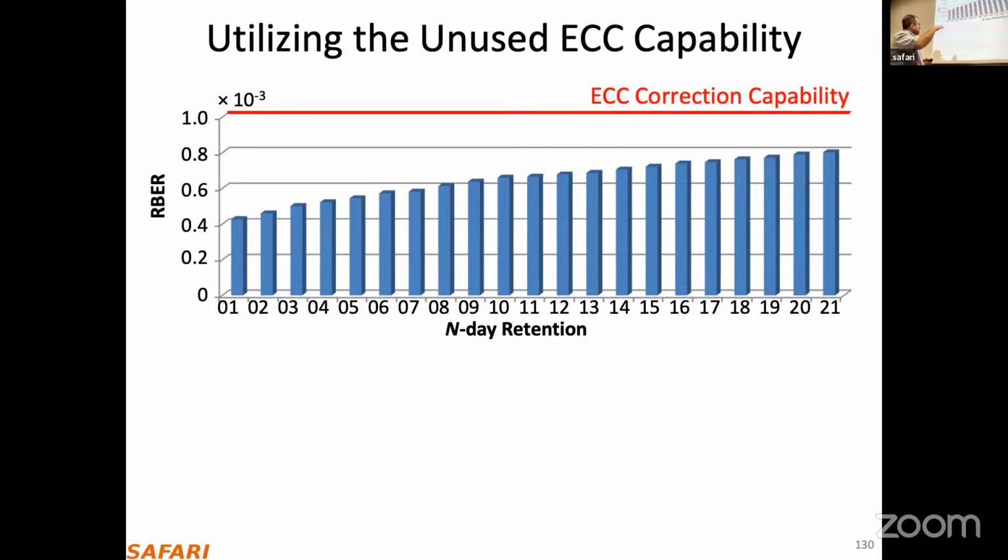This is the ECC correction capability, but the nominal raw bit error rate that we have in normal operational flash, especially when your flash chip is still young enough, you don't have a huge number of program erase cycles, and your flash is also not aged, so your ECC correction capability is high enough, right?